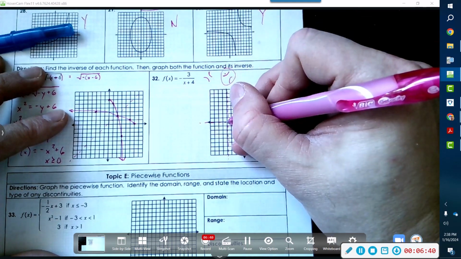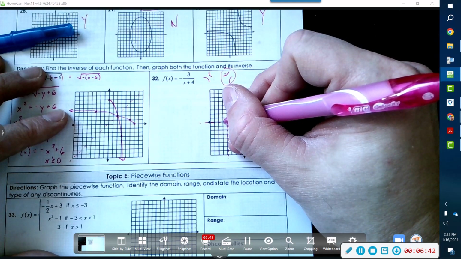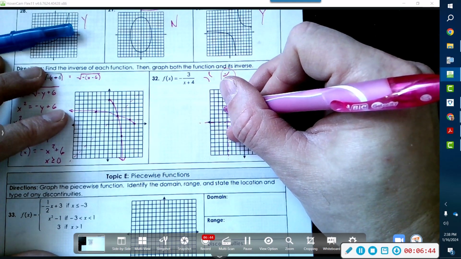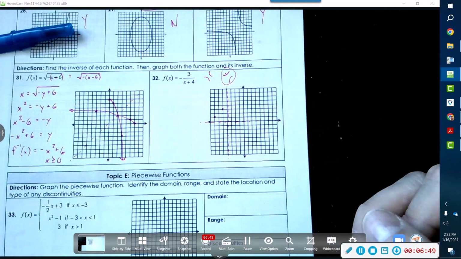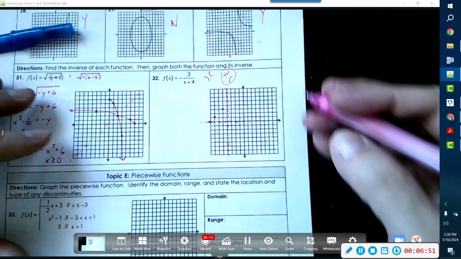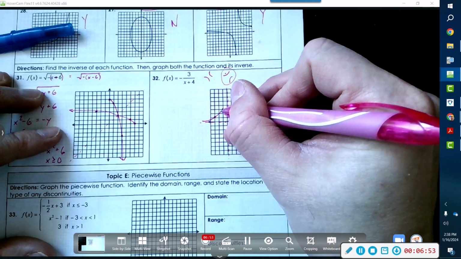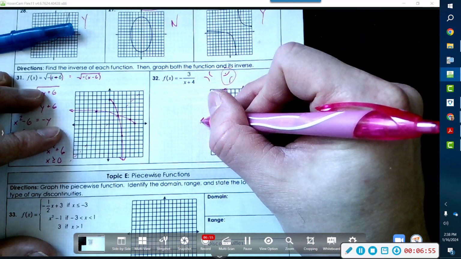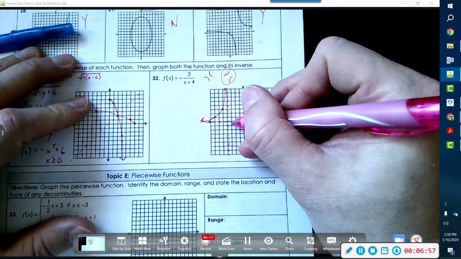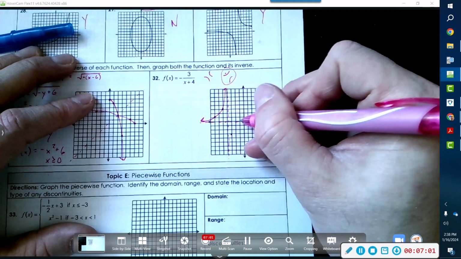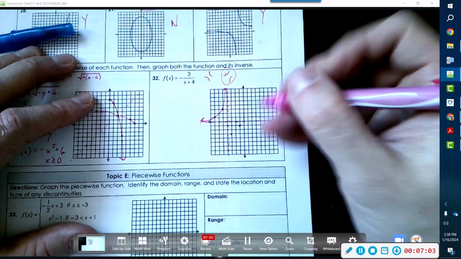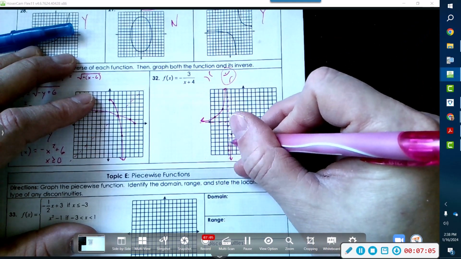So if I'm over 1, I can go up 3. 1, 2, 3. And if I'm over 3, I can go up 1. That's actually going to be good enough. So this is all I need right there. And then over here, I've got 1, 3, and then 3, 1. So this is good here.